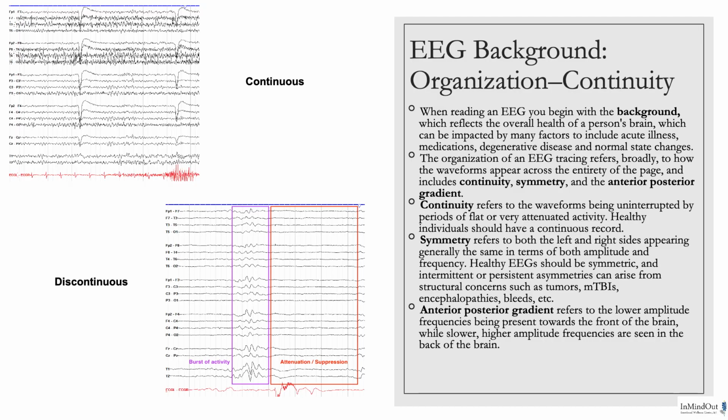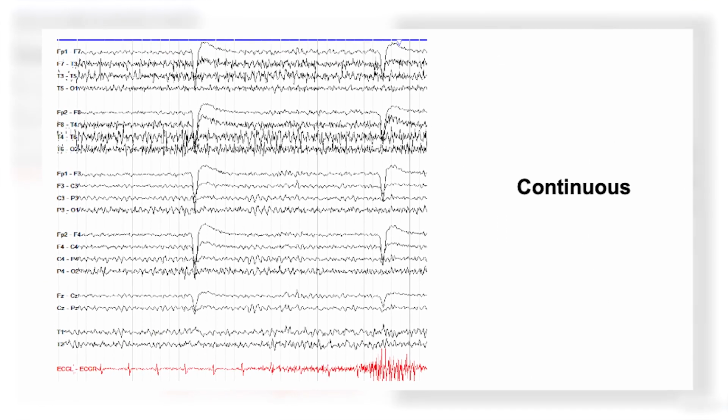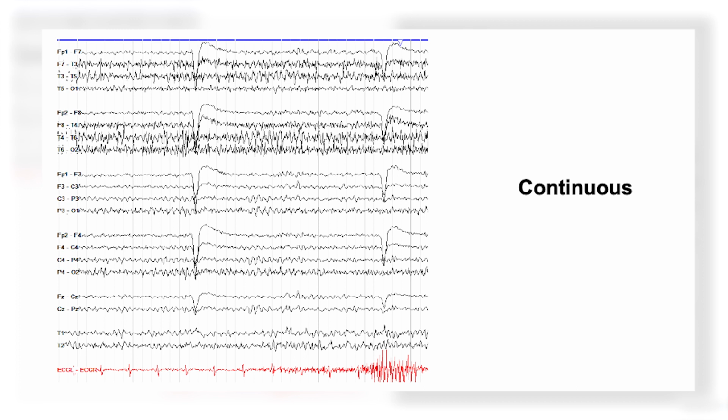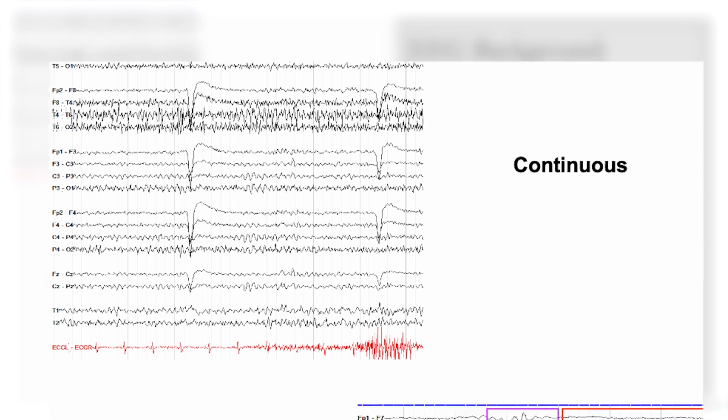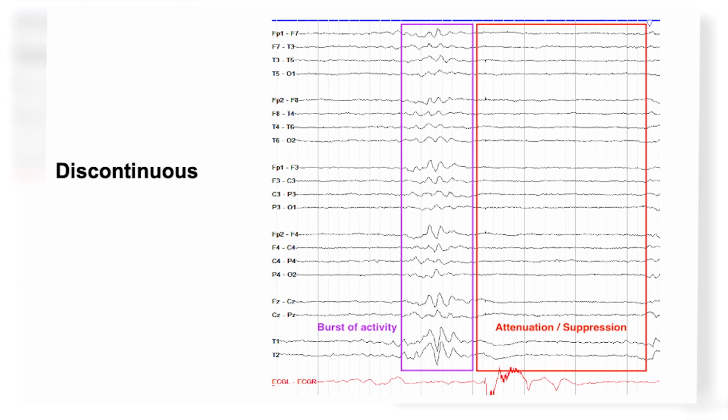If we look at the images here to the left, we see that the EEG is continuous throughout the record up here on top, with minor fluctuations, which are normal. Aside from the eye blink, of course, that we see here, but that is artifact. But other than the artifact, this sample up here is continuous. An example of discontinuous would be something like this, and this is an example that is more obvious because I'm trying to make a point here.